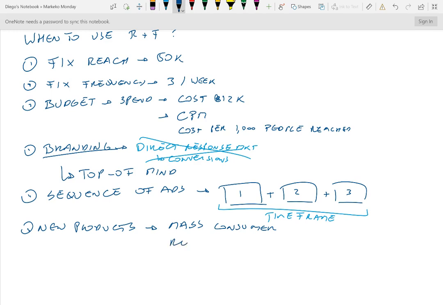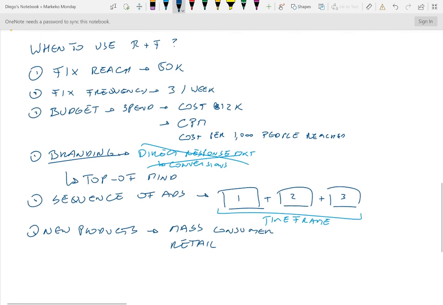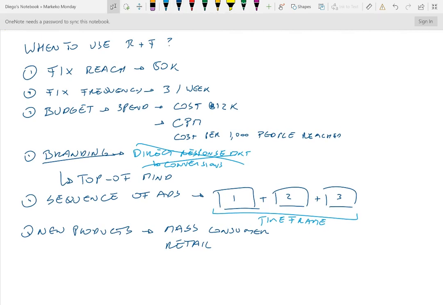When you're looking at retail, you want to be using reach and frequency. Why? Because it's not a matter of conversions. It's not a matter of knowing how much it's costing me to engage people, how much it's costing me to have a website conversion or a lead ad. It's just a matter of making sure that I reach my audience, right?